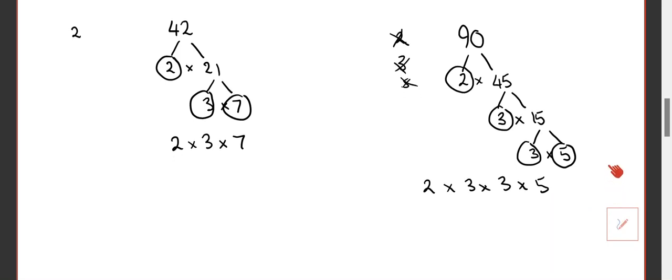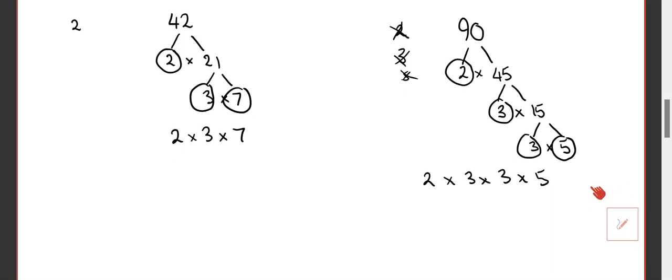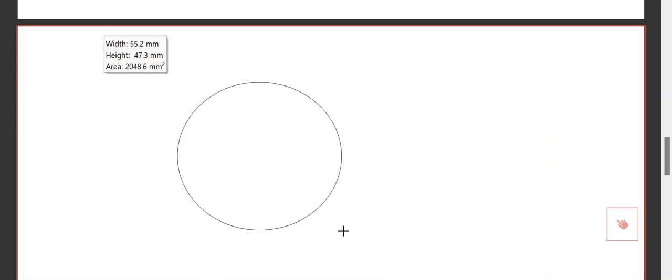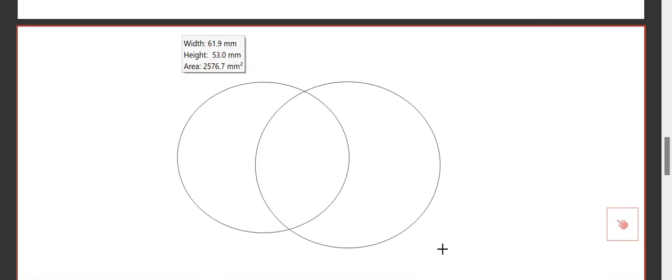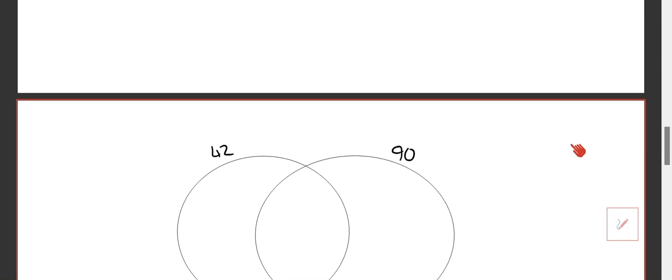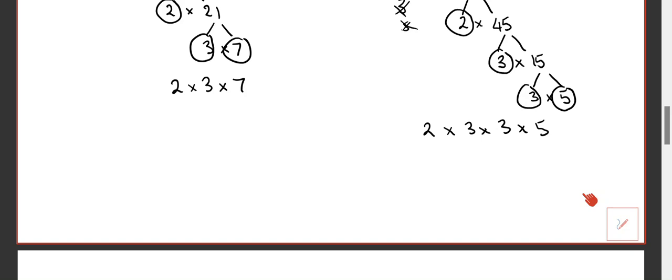Now what we need to do is a Venn diagram. So I'll come back up in a sec. Let me just draw my circles. I'm going to do it bigger this time. Circle, circle. This one is going to be 42.